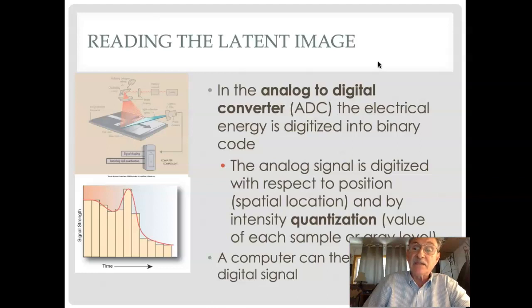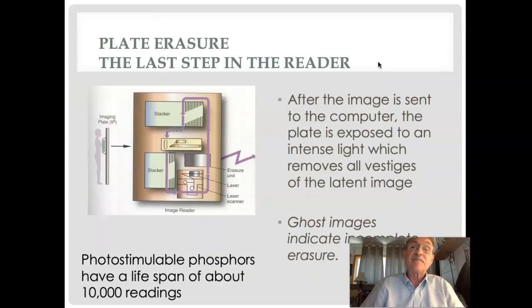So we have the spatial location and the intensity quantization, which is the value of each sample or gray level. And then, based on the fact that we know what area has what value, the computer can process this digital signal and give us a resultant image.